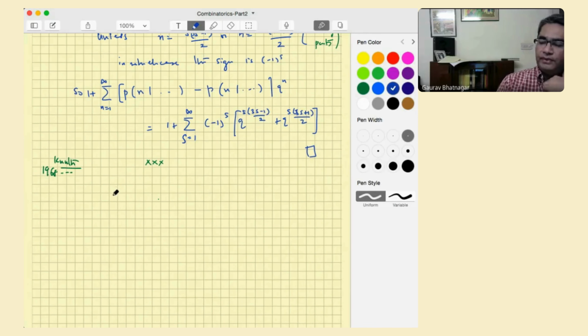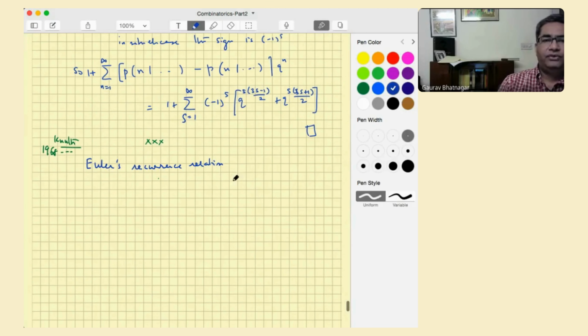So going on, there is a recurrence relation and an algorithm which Euler wrote for calculating the number of partitions of n. Basically, this is the idea.